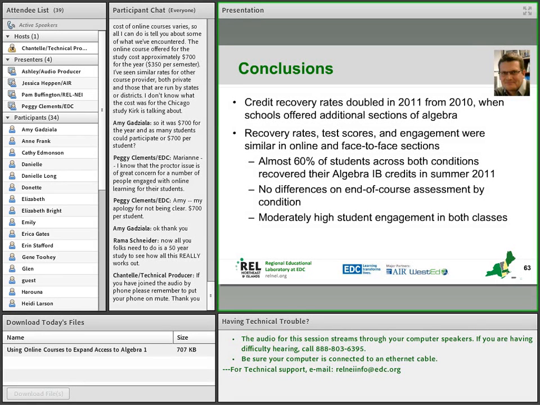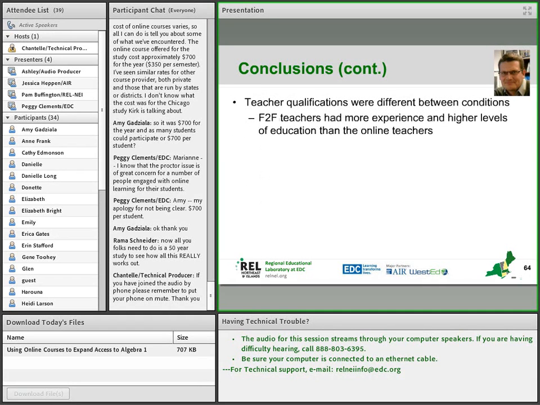And we also know that right now the recovery rates, the test scores, and the engagement levels of the kids are comparable in the online and the face-to-face sections. I think the other conclusions are the big ones.